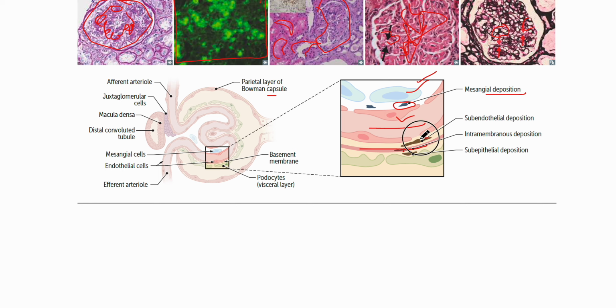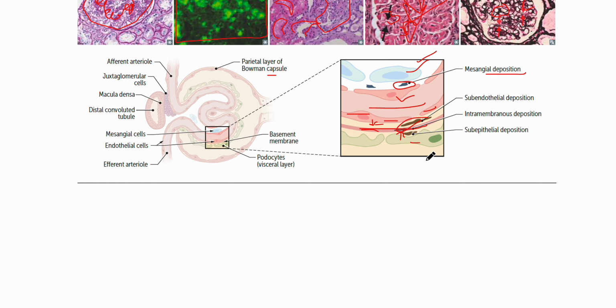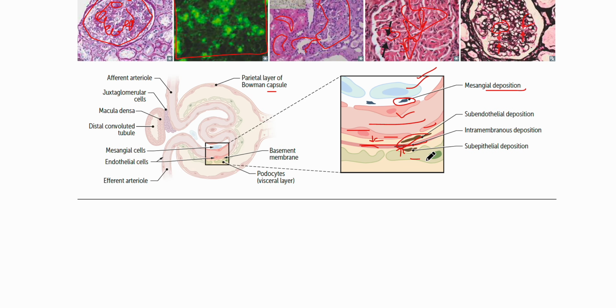This is subendothelial deposition because these are endothelial cells. So subendothelial is beneath this endothelium, right? And subepithelial is beneath these epithelial podocytes. So that is how it occurs. There are two sides of the GBM, and on one side there occurs subendothelial, and on the other side there occurs subepithelial deposition. That is how it occurs.